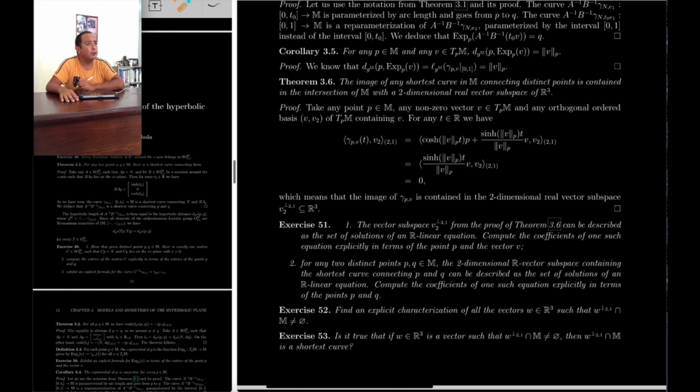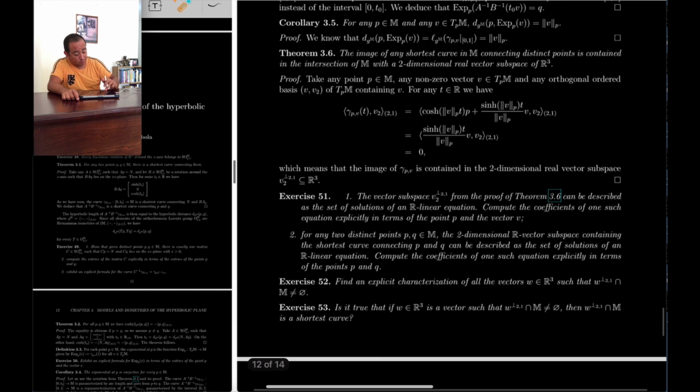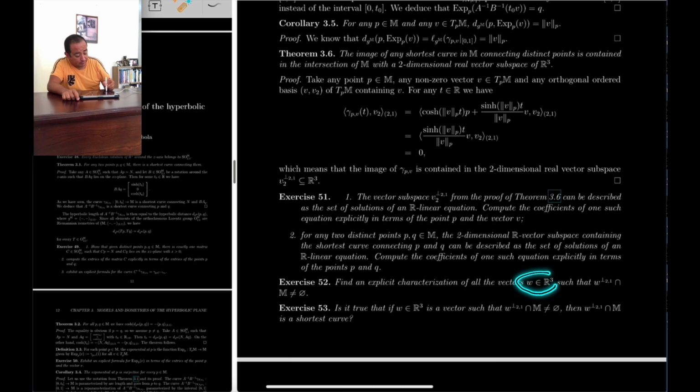But of course, not all two-dimensional vector subspaces of R3 intersect the hyperboloid, right? For instance, the horizontal XY plane does not intersect the hyperboloid, and one can find others, right? So the exercise is to completely characterize all the vectors in R3 with the property that their Minkowski orthogonal intersects the hyperboloid.